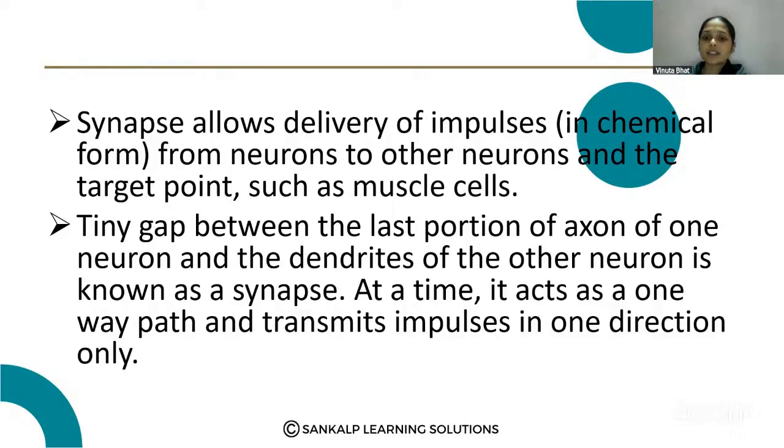The tiny gap between the last portion of the axon of one neuron and the dendrites of the other neuron is known as the synapse. At a time, it acts as a one-way path and transmits the impulses in one direction only.